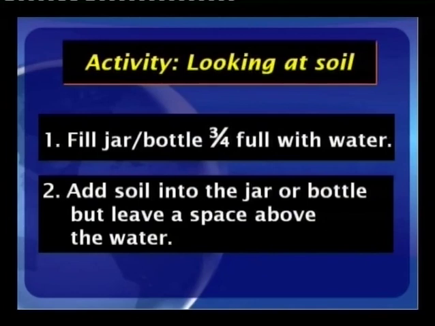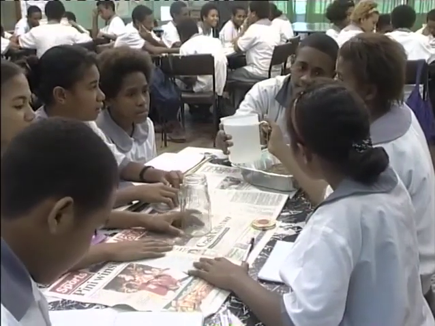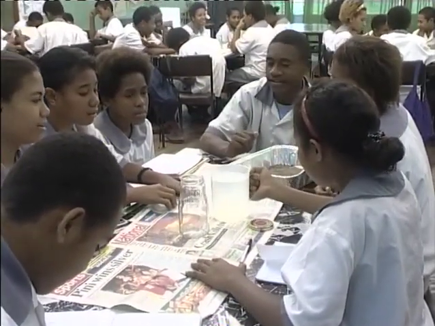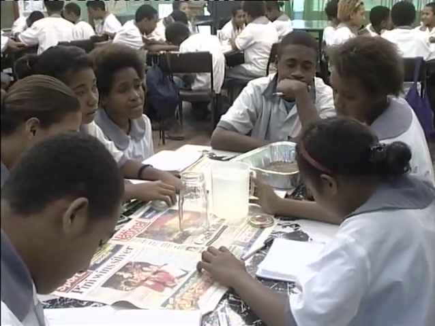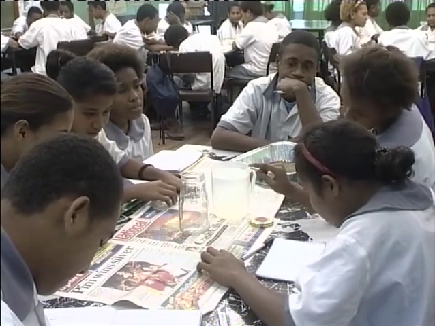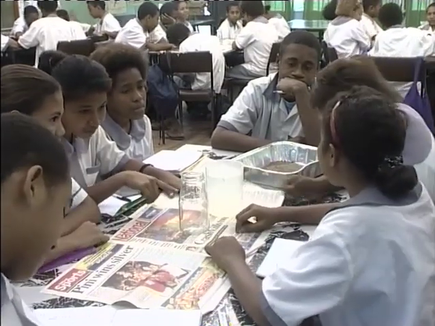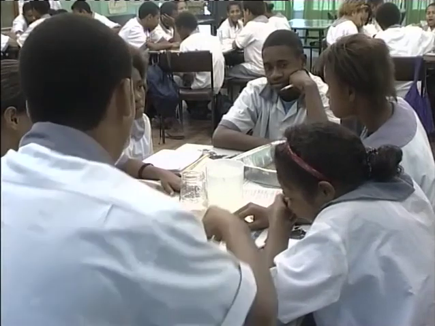So what is your first instruction? Fill jar or bottle 3/4 full with water. Just open the lid. Fill it 3/4. You know what 3/4 can be? Estimation of 3/4 of the bottle. Divide the length of the glass to 4/4.